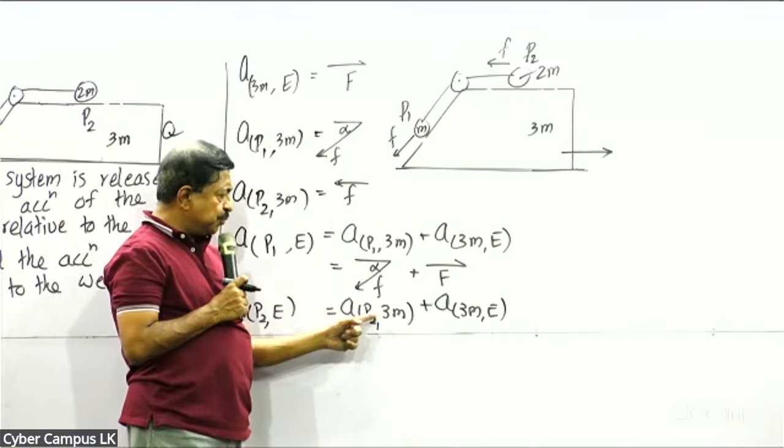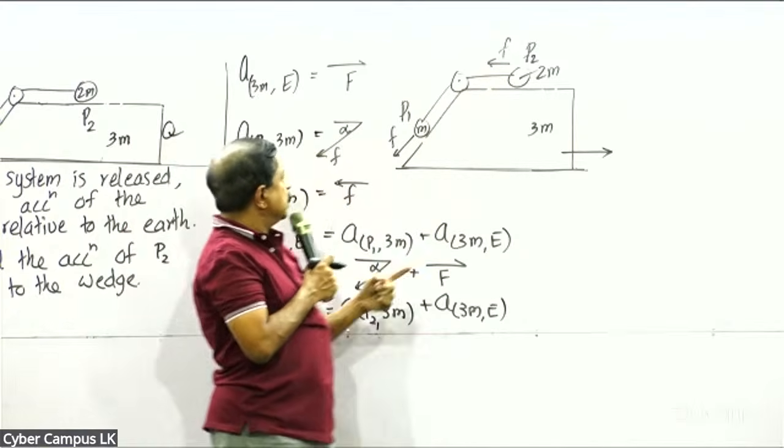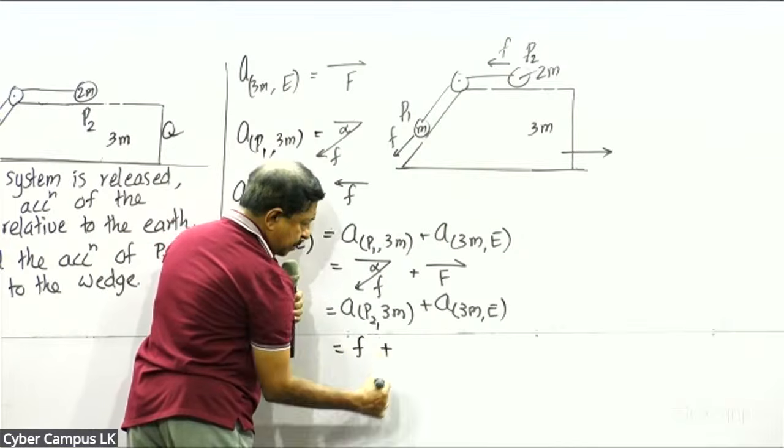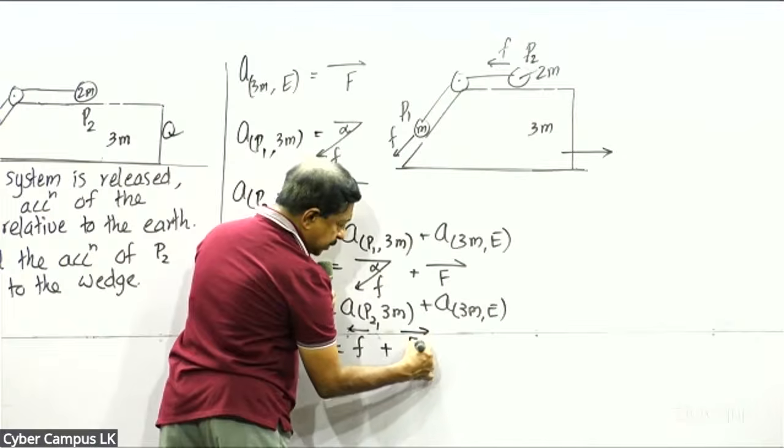Now the acceleration of P2 relative to 3m. It is simple F, or it is like this. It is this way, and the other one is in the other way.